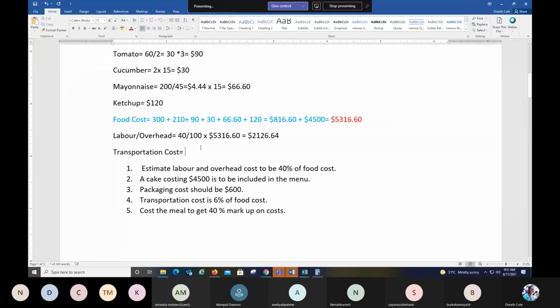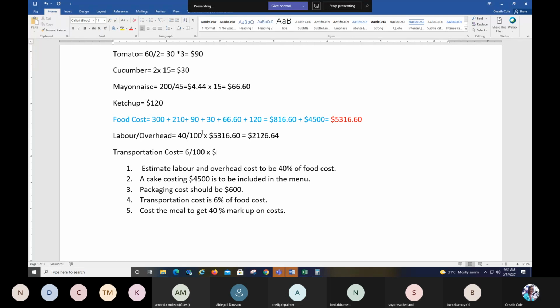So now we have to find the 6% of our food cost, which is the $5,316. We don't do the packaging as yet. We don't add the packaging as yet. We find the percentage first, because all we do with the packaging is add it to the figure.